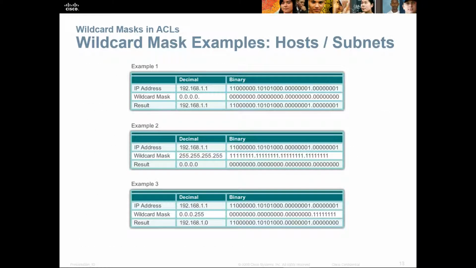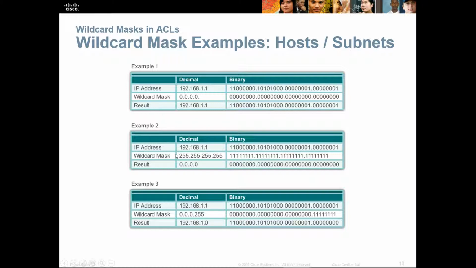So here we have an IP address. With a strict wildcard of all zeros, it will match all of them. So that means the result will be 100% that specific host.